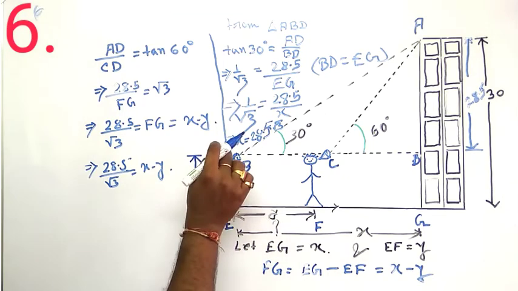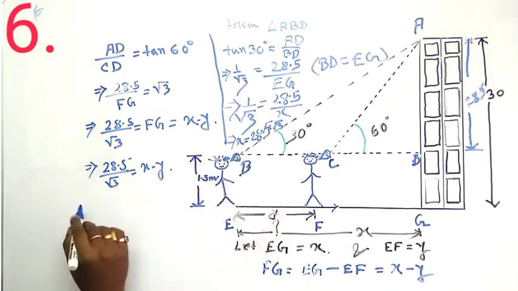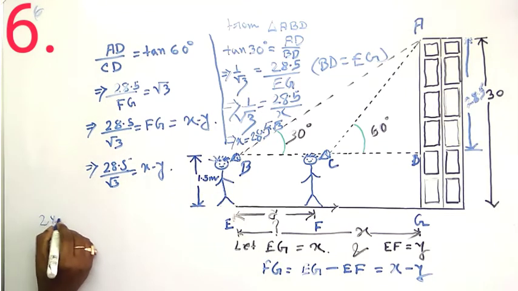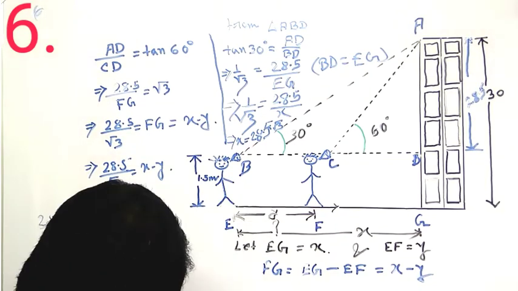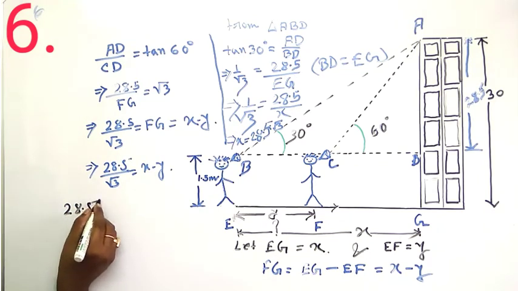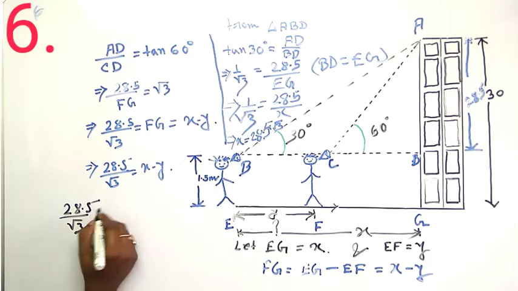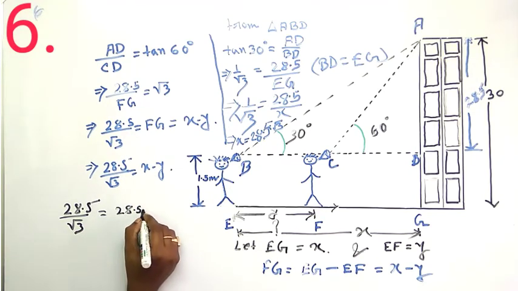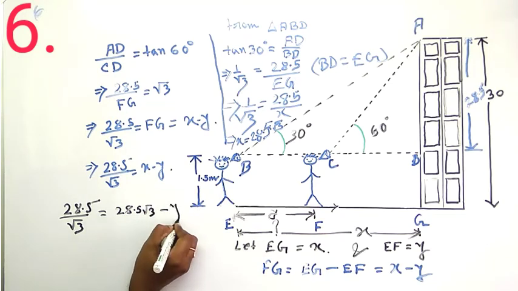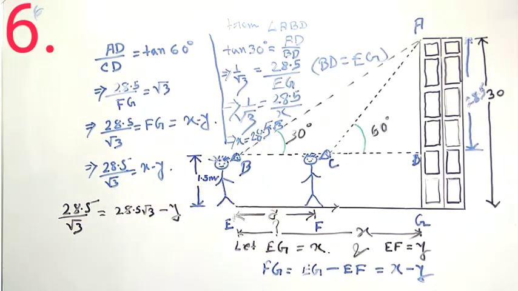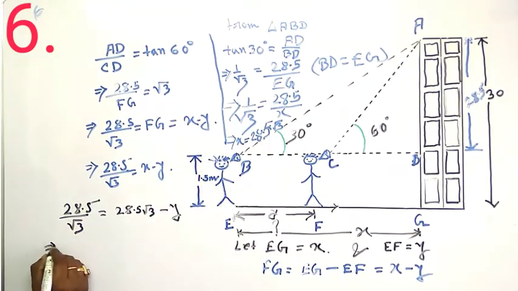Now from these two equations, we can write 28.5 by root 3 equals 28.5 root 3 minus Y, replacing the value of X with 28.5 root 3.